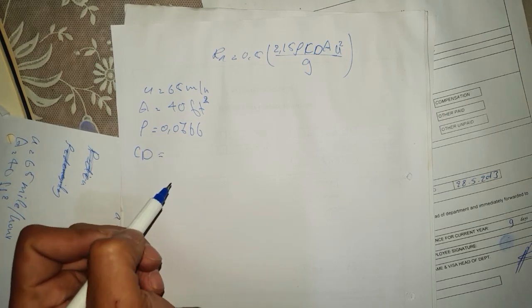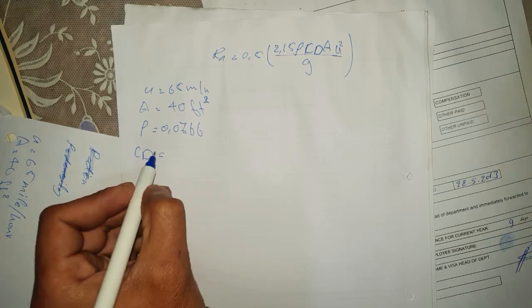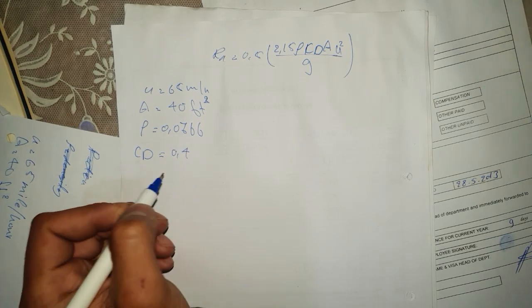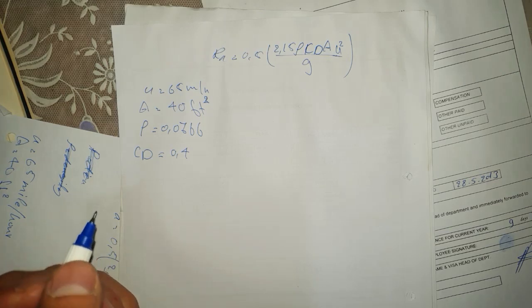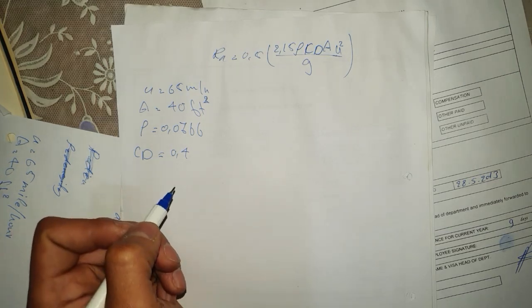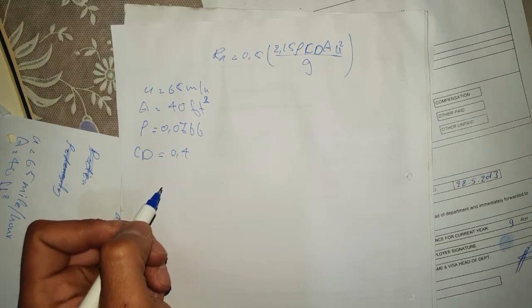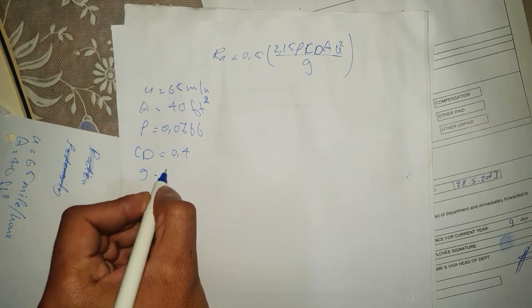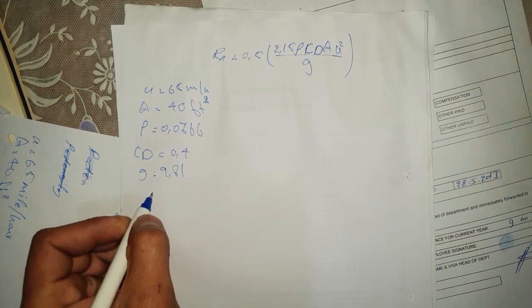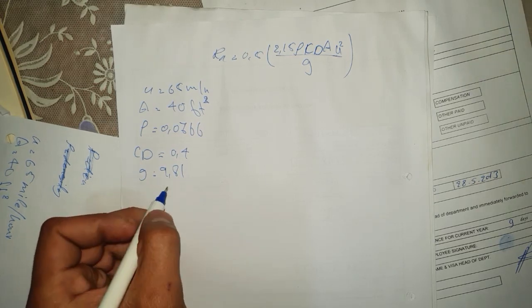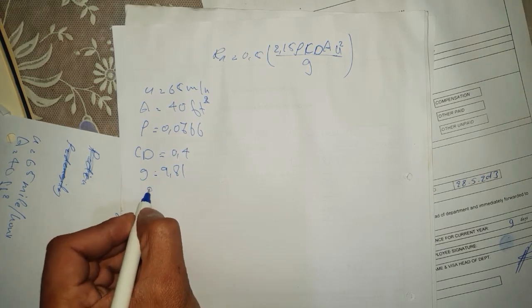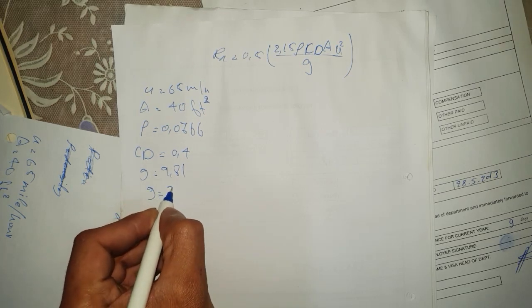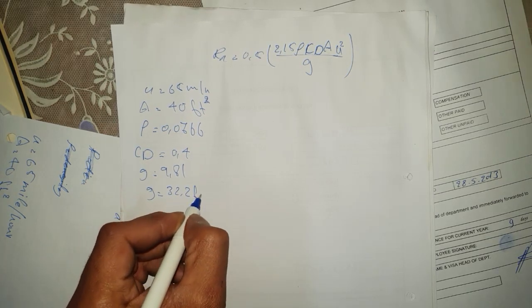For a passenger car it is 0.4, and for trucks it is from 0.5 to 0.8, depending on the car and how many axles it has. And gravity, as you know, is 9.81. We will change that to feet, so gravity is 32.2 feet per second squared.